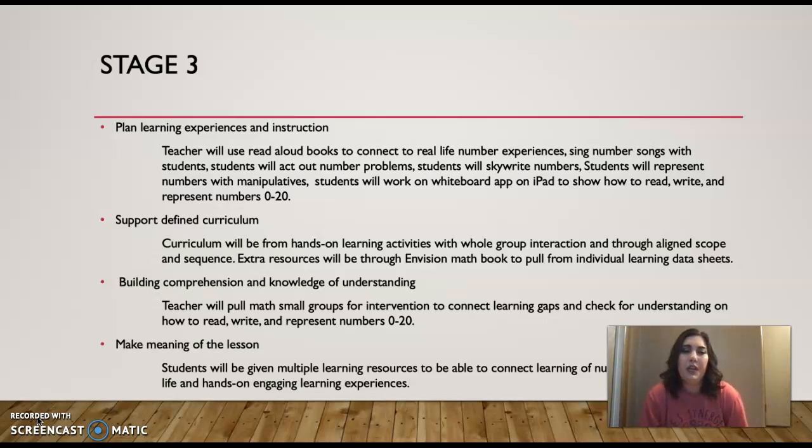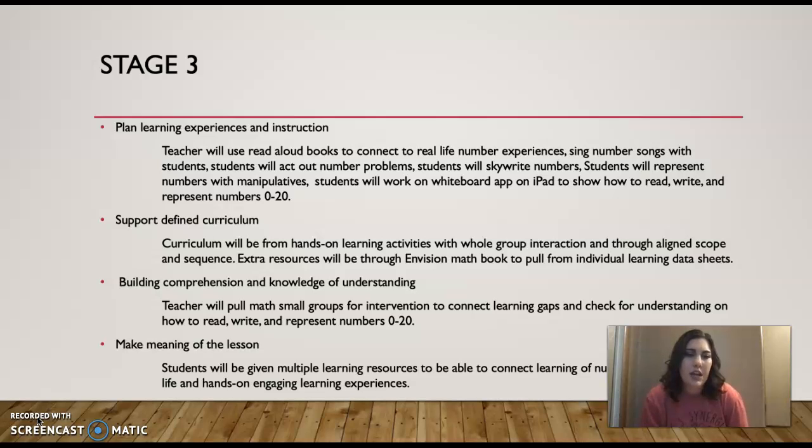Support defined curriculum. Curriculum will be from hands-on learning activities within the whole group interaction and through a line, scope, and sequence. Extra resources will be through the Envision Math book to pull for individual learning data sheets.